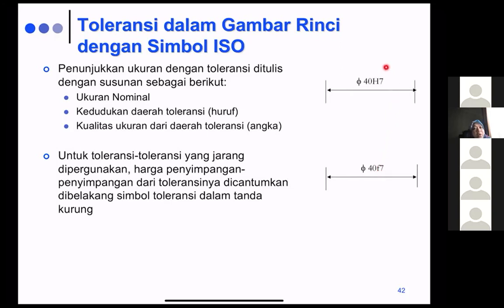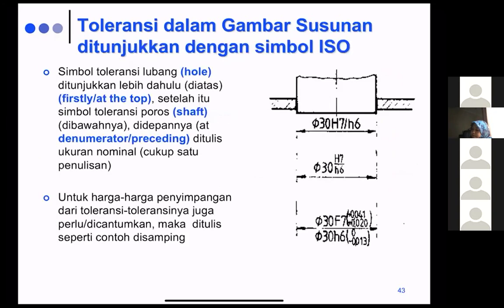So in the drawing, when you just write this corresponding to the ISO system and send it to the workshop workers, they can easily make your piece of work, because we already know the codes. You can also write it like this. Rather than putting all of the tolerance numbers, we can just write the diameter, then the 30, which is the nominal size, and then the H7, which is the hole, and also the shaft.